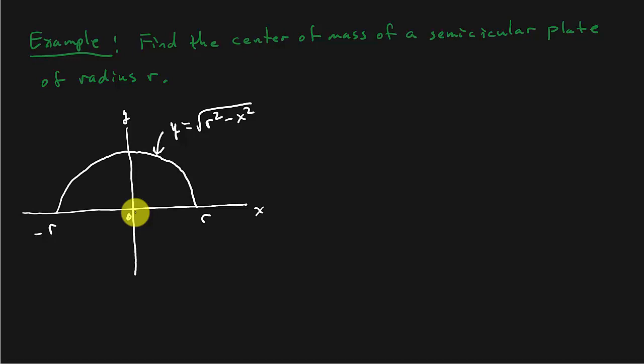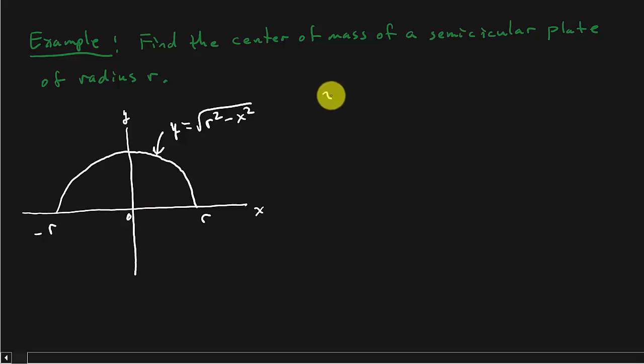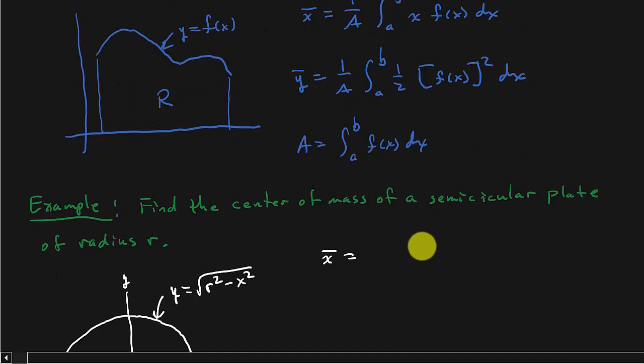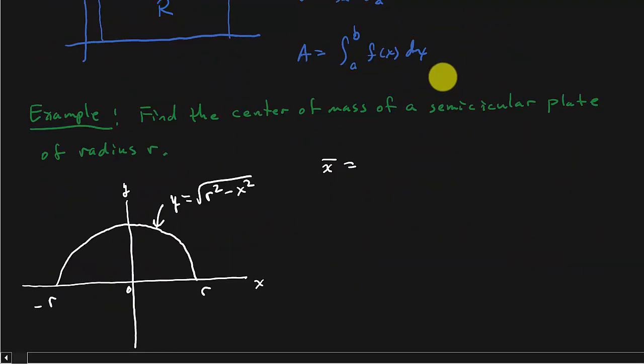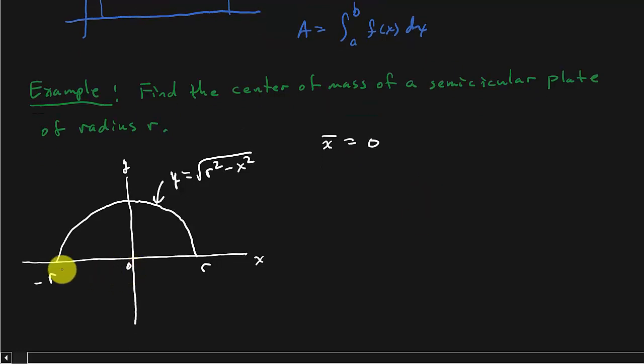So here we need to calculate x bar. And we know what the formula is, but we could plug all that into here. But I'm not, because I know that's going to be 0, okay? Because this thing's symmetrical about the y-axis.